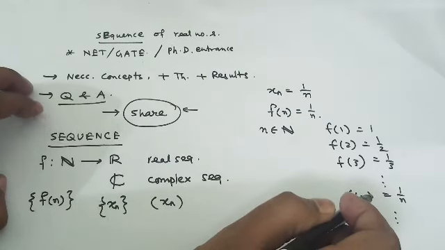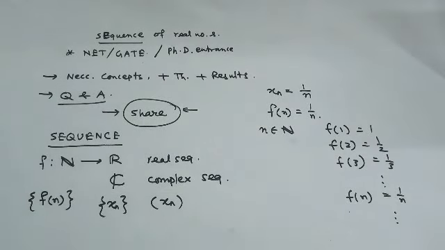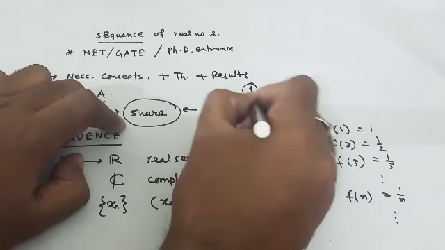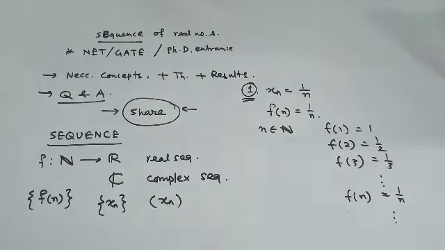Just think over it and try to find the answer, and it will match with our answer when we study the convergence of a sequence or limit of a sequence. So this was the first example we considered here.